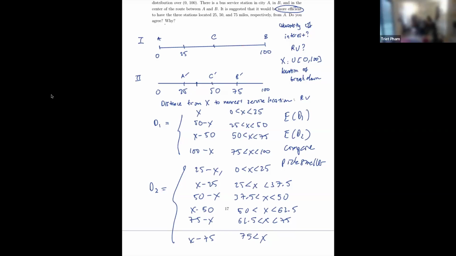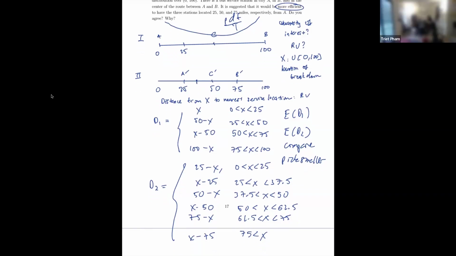If this is the density of the breakdown, which is not uniform, then which plan seems to be better now? Plan 1. Do you see that? Because the breakdown is more likely to happen toward the two ends of the road rather than the middle. Are we okay? I'm just giving you some scenarios to show you that.